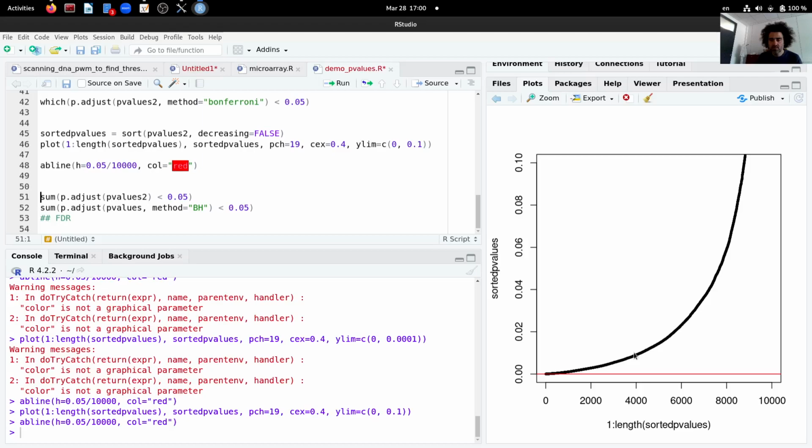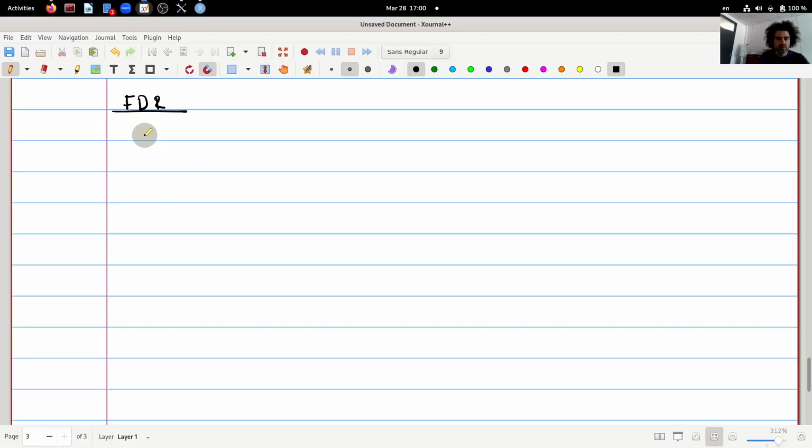So again, based on FDR, we sort the p-values, p1, p2, and so on until p10,000. And the index of this p1 is 1, the index of this p2 is 2, the index of the pi is I, and the index of this p10,000 is 10,000.